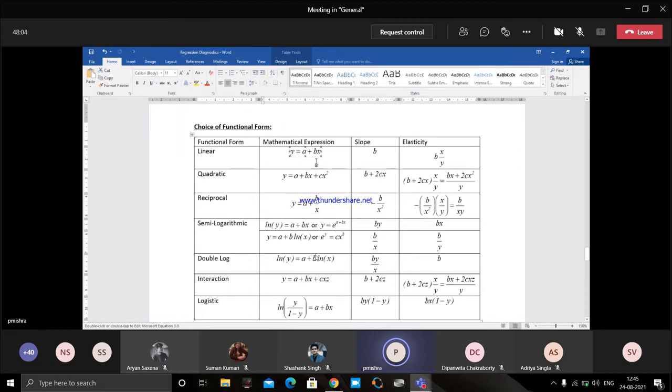One is this with b being negative, another one is this with b being positive. Right? Apparently both the functions are representing an inverse relationship between price and quantity demanded. But the asymptotic properties are different.